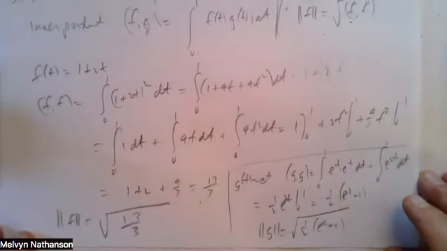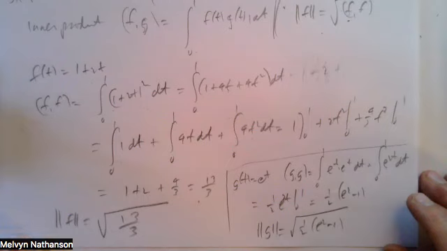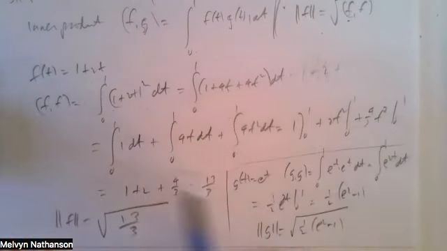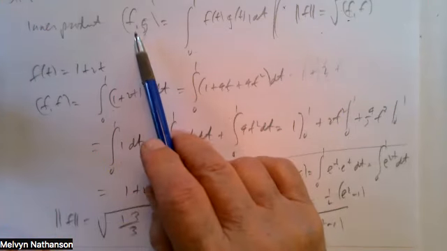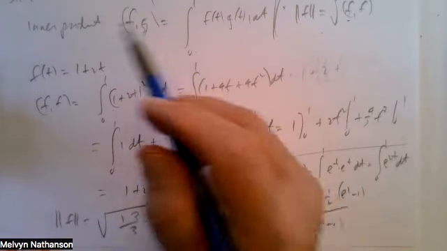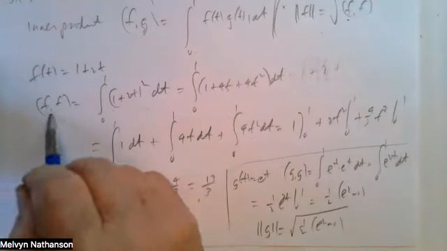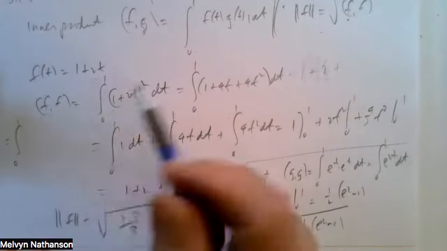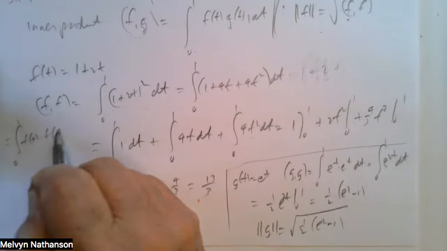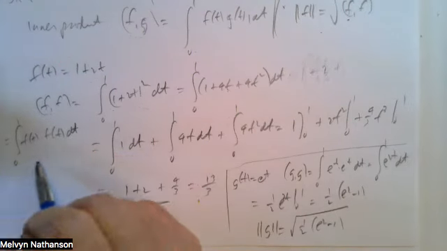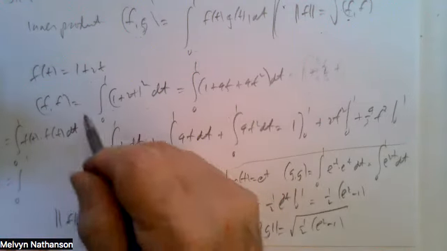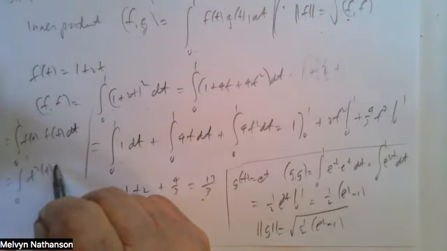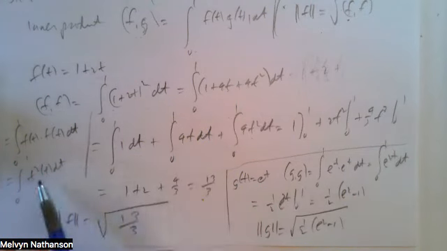I'm sorry, is there a question? Yes. Can you explain where it says in parentheses f and f equals that line? Yeah. The inner product of two functions in this vector space is the integral of their product. So the inner product of f with f is the integral from 0 to 1 of f of t times f of t dt, which is the integral from 0 to 1 of f squared of t dt. f of t is 1 plus 2t.